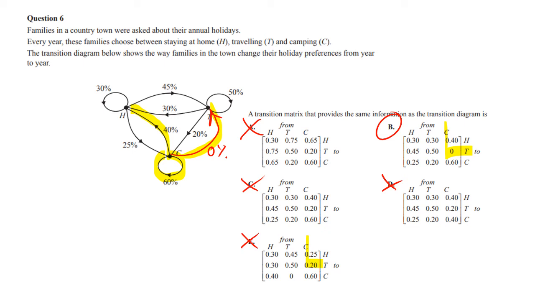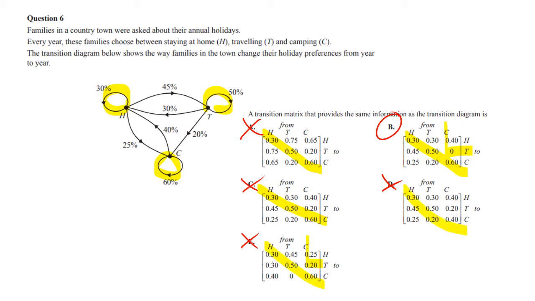You can check out all the other values. They do work. I'm going to go slow just to annoy people. Let's have a look at this. If we look at, remember, the ones going to themselves, like this, that's the leading diagonal.